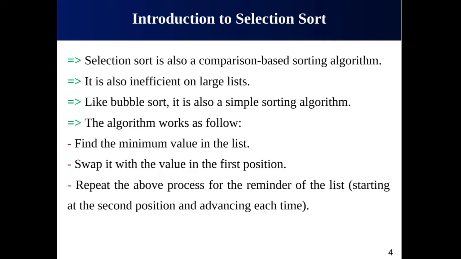Later on, we will study more sorting algorithms like merge sort, quick sort, etc. And there we will observe that the technique used by those algorithms will be different from selection sort, bubble sort, and insertion sort. So every algorithm uses a different technique, a different approach towards the data.